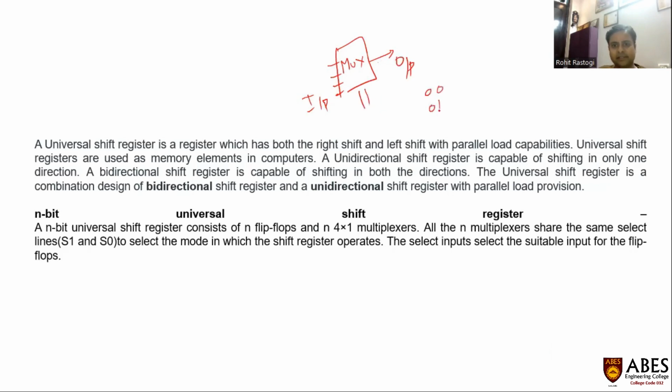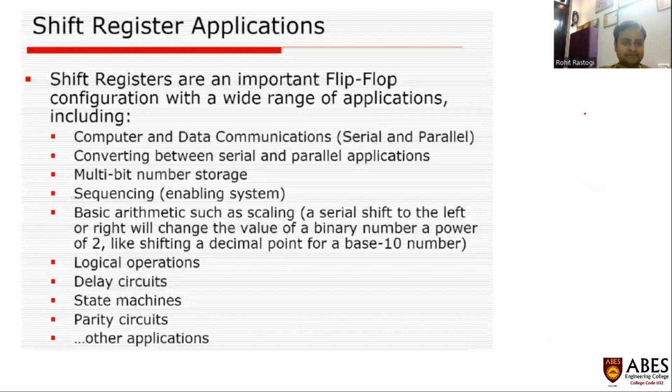As per the values of the selection lines 00, 01, 10 and 11, we can apply the load operation, right shift operation, left shift operation, and parallel or complement operation or clear operation. So with the help of a multiplexer and the binary inputs, we can technically realize the bidirectional shift register in a better way.